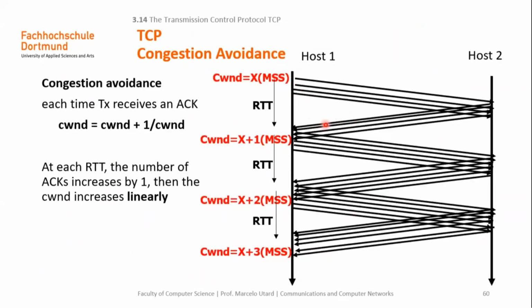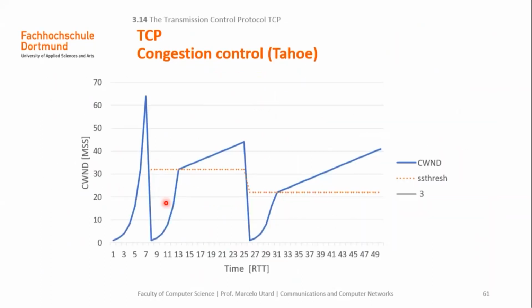Then with 4 acknowledgements, we increase the congestion window by 1 MSS. So each round trip time, the congestion window will increase by only 1 MSS and not double. That's why the congestion window increases linearly, not exponentially.